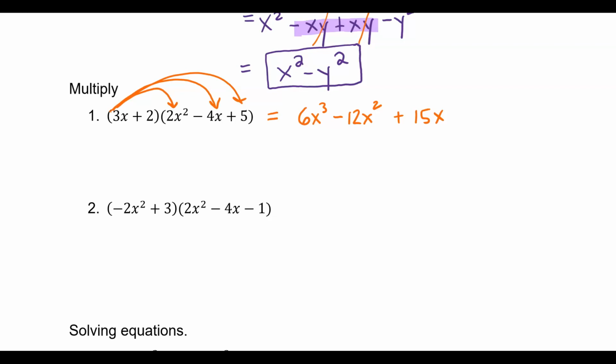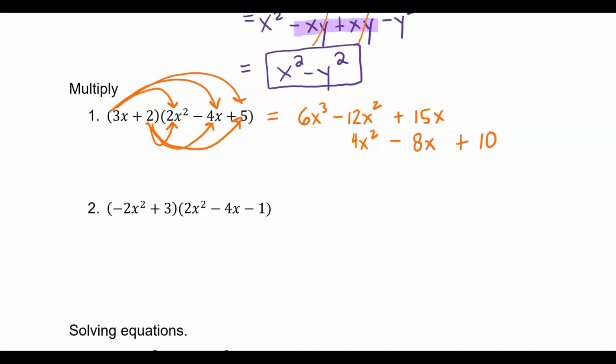And again, for more complicated problems, you could stack the terms vertically. For example, now that we have multiplied 3x times everything, let's multiply 2 times everything. 2 times 2x squared is 4x squared. We can put it under its similar term. 2 times negative 4x is negative 8x. So I can write that under 15x. And 2 times 5 would be 10.